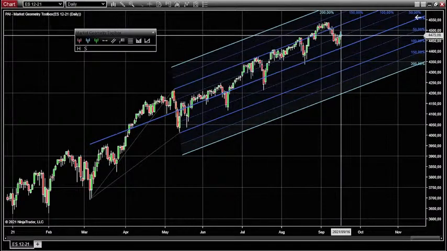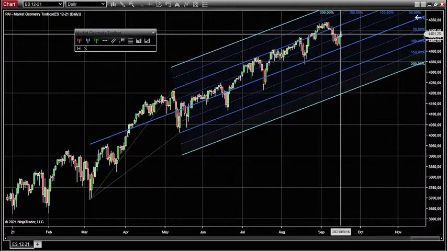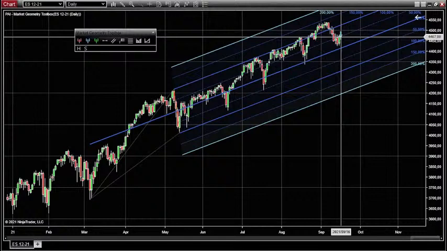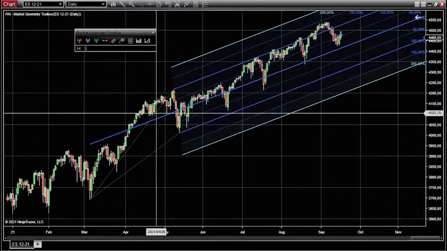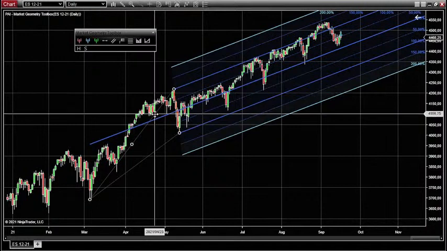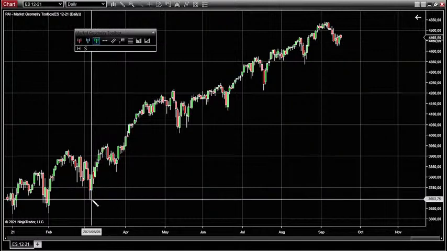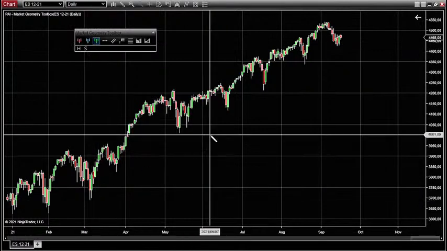Don't know if you've seen this little bar that just flashed there, or should I say an arrow that just flashed there. We also got programmable alerts that will fire off if price actually reaches one of these market geometry lines, which I think is a really cool additional feature. Again, if you want to get rid of it, left click, right click and remove. And then we also have the modified shift pitchfork.